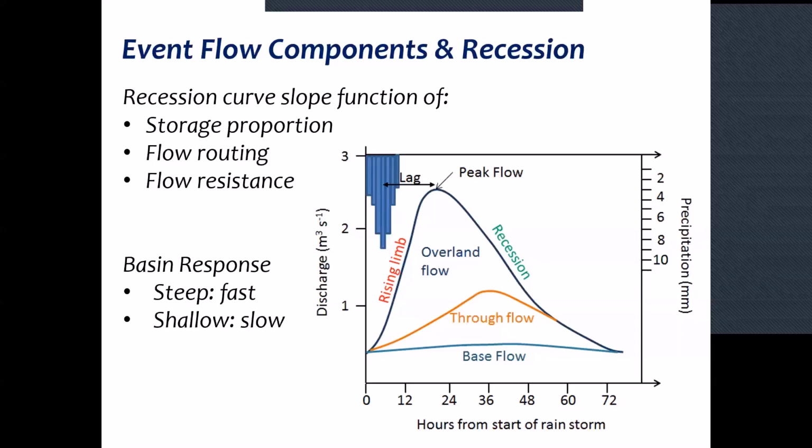That will also tend to flatten the recession curve. But the bottom line is, if you've got a steep curve, then your basin response is fast. If you've got a shallow curve, then your basin response is slow. Fast response means very little storage. Slow response means a lot of storage. So this notion of storage is important, and the recession curve can tell us something about the storage properties of the watershed.